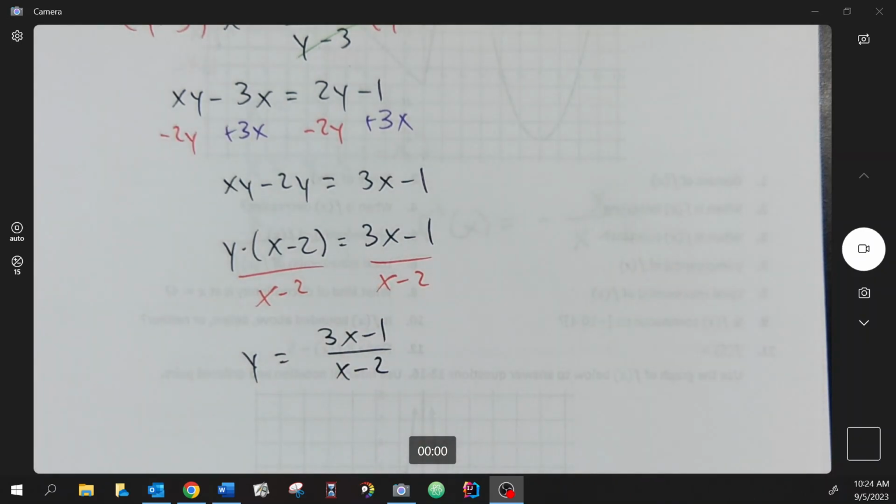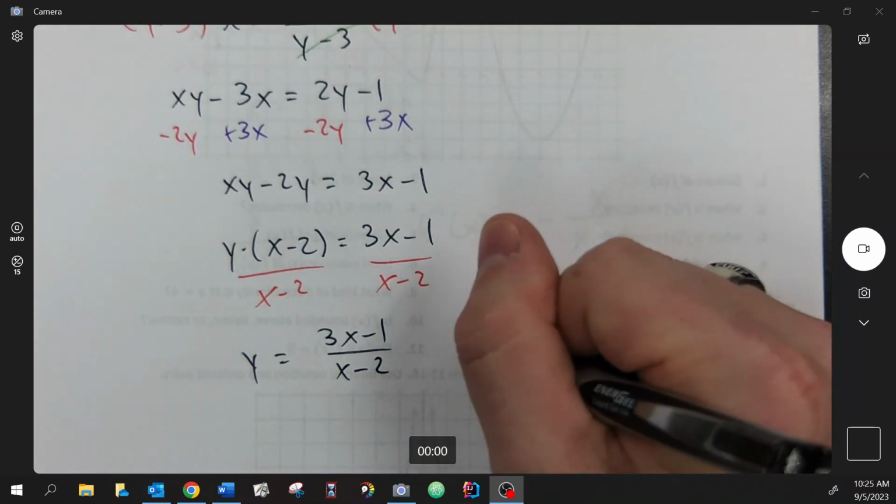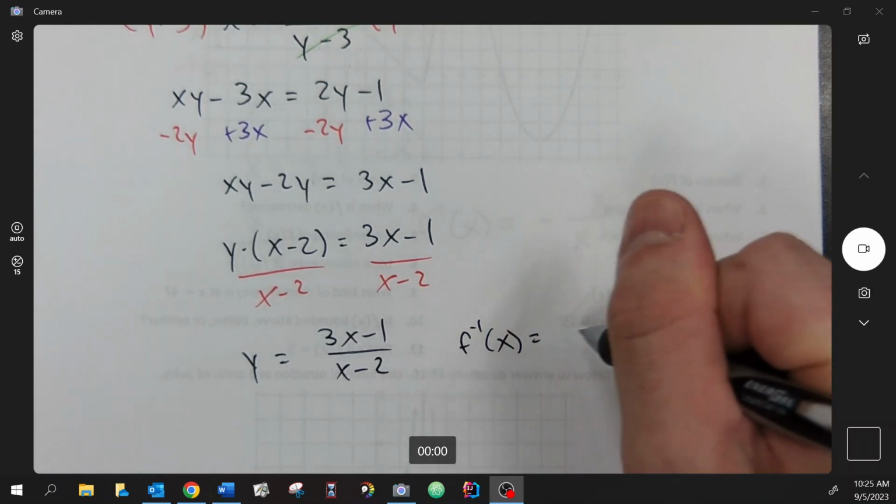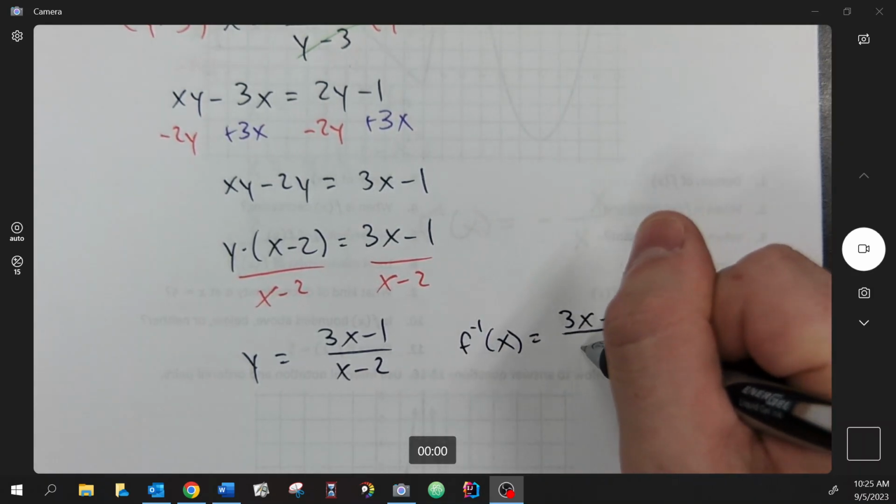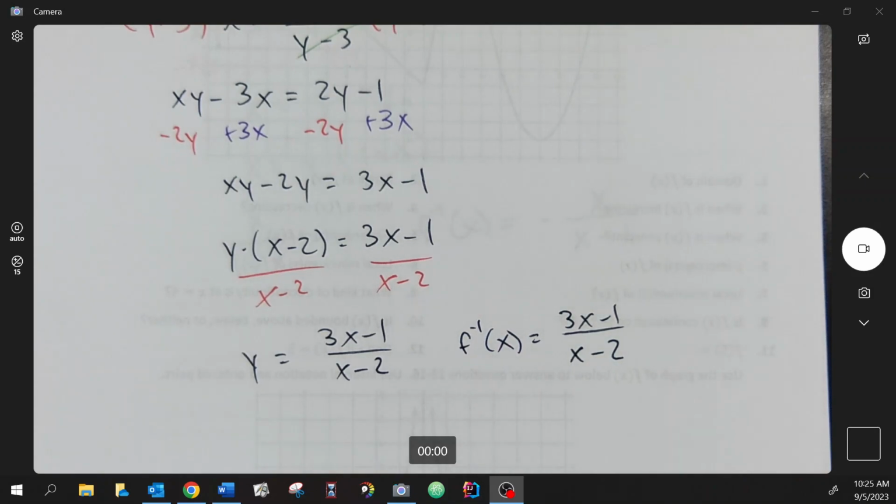This is an inverse, so we wouldn't leave it as y equals. We would write it as f inverse of x equals. And there you have it. Notice, you're probably going to have to multiply by denominators to get rid of the fractions, then distribute, then group your like terms, then factor.